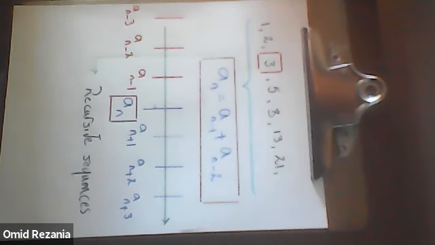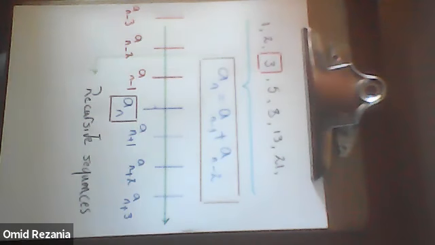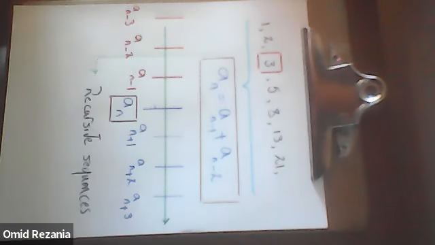happen. But sometimes we can construct our sequences in a way that each element is defined as a function of the element before it. For example, the last two elements are summed up.